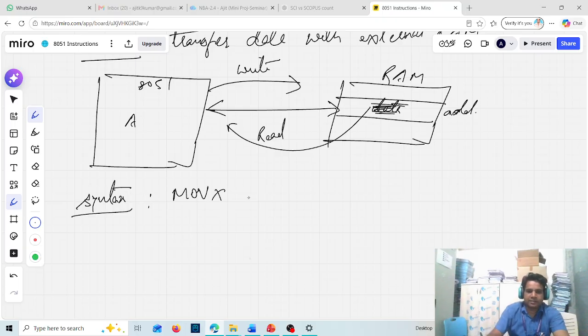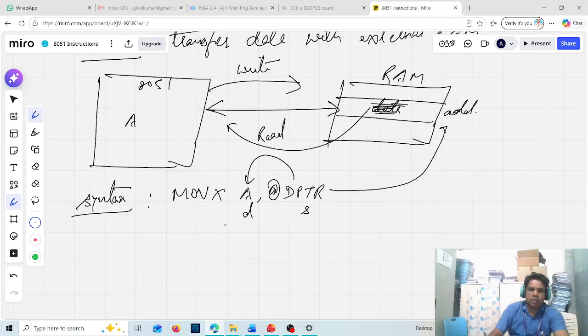So here MOVX, and the syntax is A comma @DPTR, where DPTR will point to this address. This is the source and this is the destination, so data from the memory address pointed by DPTR will be shifted into register A. This is a read operation, where the data is being read from the external RAM.